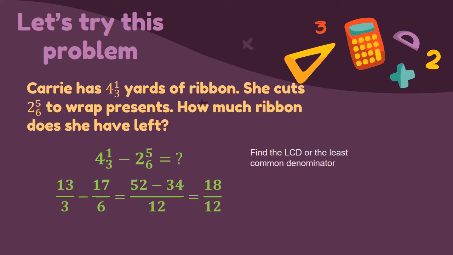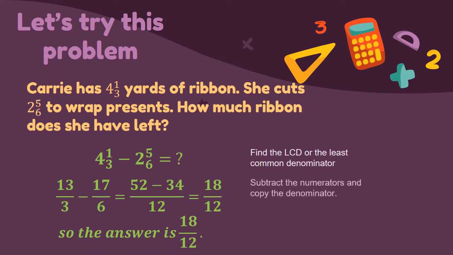Another, 12 divided by 6 is equal to 2, times negative 17, that's minus 34. So copy the denominator and subtract the numerator. So we have 52 minus 34 is 18 over 12. So the answer to this question, how much ribbon does she have left, is 18 over 12.